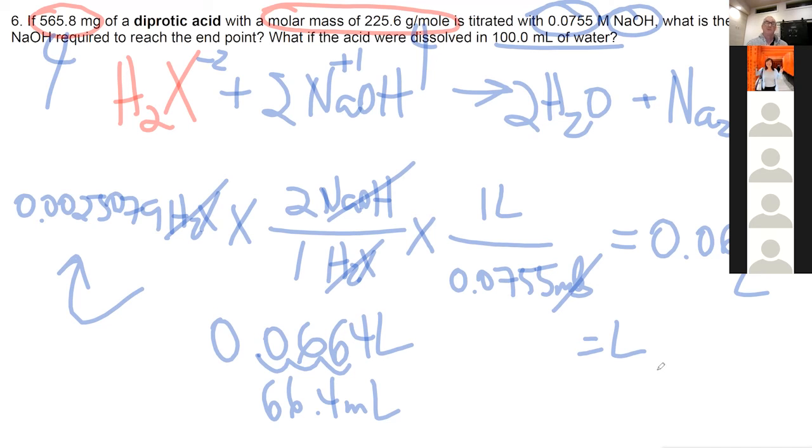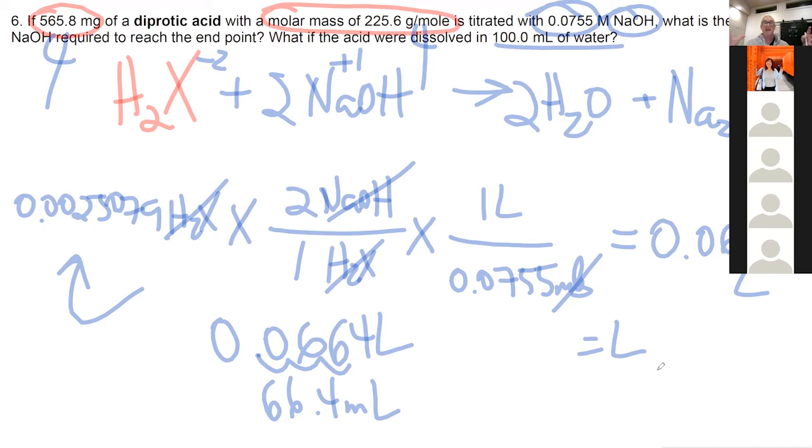Doesn't matter, because the only thing that matters when you're doing a titration is the number of moles of acid, number of moles of base. That's it. So the volume of the acid doesn't really matter. We try and do it in a fairly small volume, just so when we see the color change, it'll be fairly dramatic.